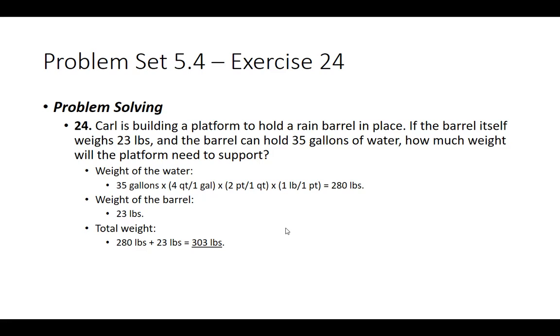That'll cancel pints away, leave us with pounds. 35 times 4 divided by 1 times 2 divided by 1 times 1 divided by 1 gives us 280 pounds for the weight of the water. If we take the weight of the water and add the weight of the barrel, that's 280 pounds plus 23 pounds. That means the platform needs to support 303 pounds.